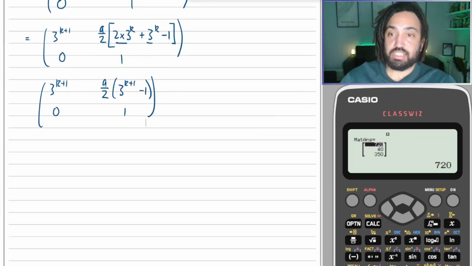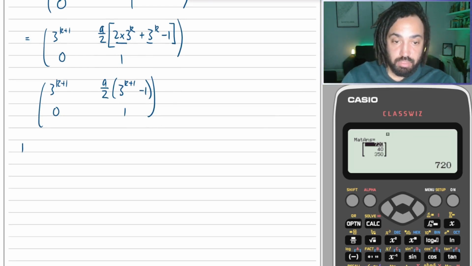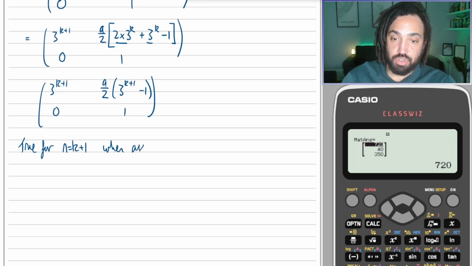So we can then say this is true for n equals k+1 when assumed true for n equals k. And as well, it is true for n equals 1.